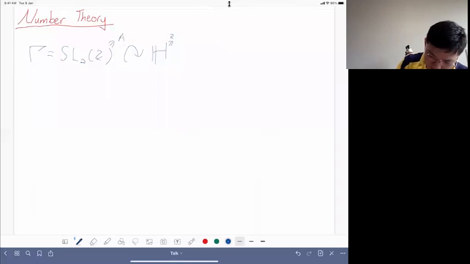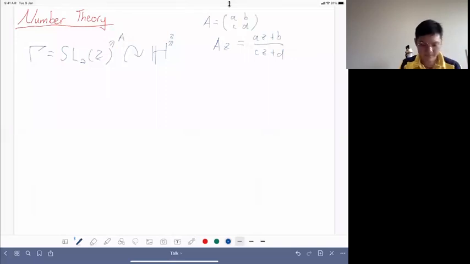So let's write it down, where A is a matrix in SL2Z. There is an action of SL2Z on the hyperbolic plane, which consists of points with imaginary part greater than 0.